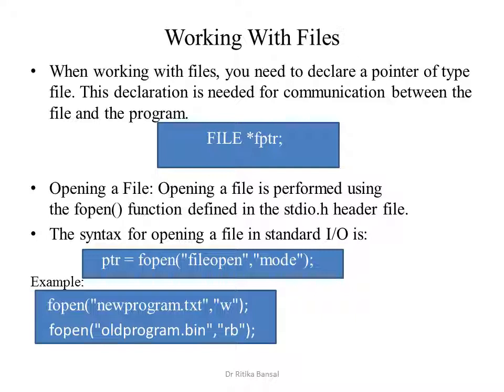So we will equate it to ptr. So ptr is equal to fopen and the syntax followed. Now fopen will return the address after opening the file, and that address will get stored in ptr.